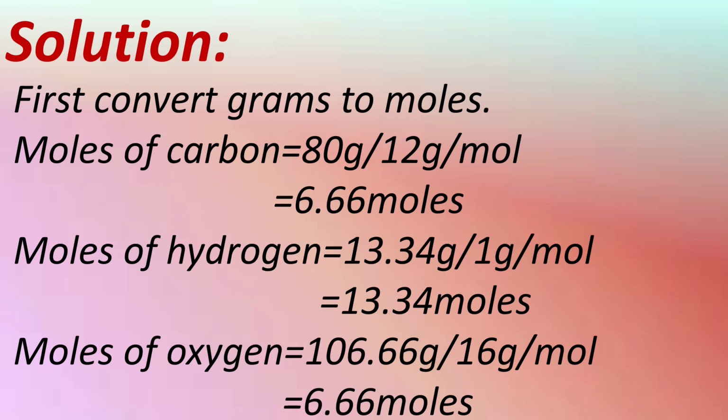The answer appears 13.34 moles. Moles of oxygen is 106.66 gram weight divided by atomic weight of oxygen, that is 16 gram per mole. The answer appears 6.66 moles. So we have converted grams into moles.